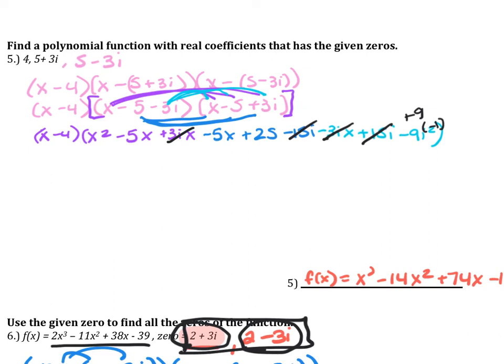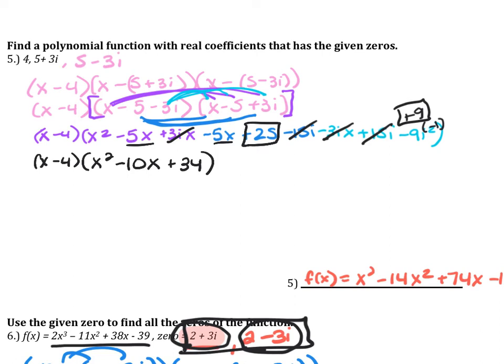Now combine my like terms. x minus 4, x squared, minus 10x, 25 plus 9 plus 34. Now I have to distribute the x. Distribute the negative 4.